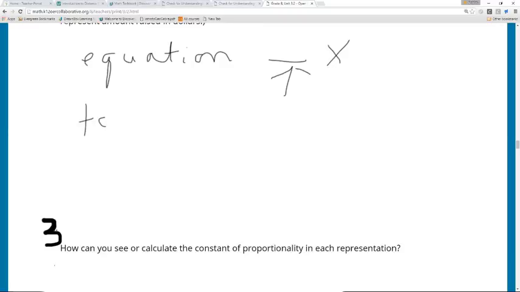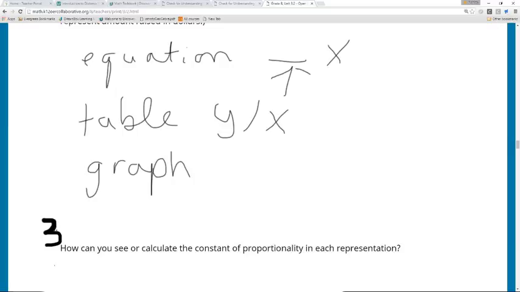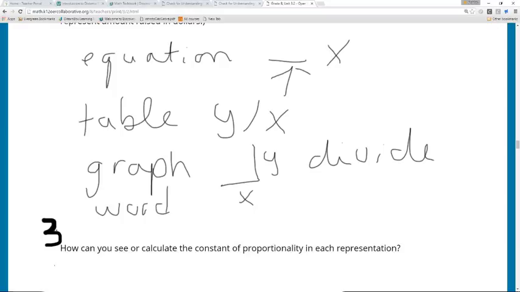On the table, you can do y divided by x. On the graph, you can put in a slope triangle where this is y and this is x and divide. And with the words, you just have to know what the y is and do the y divided by x.